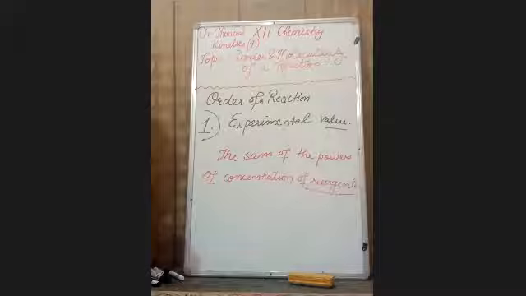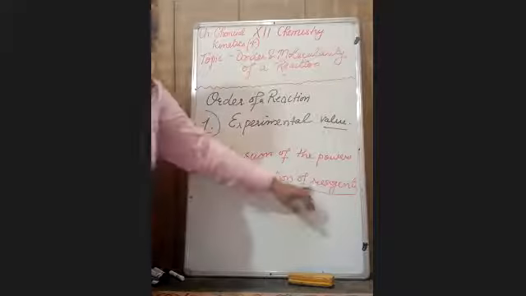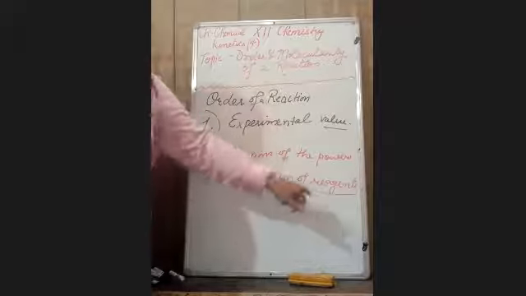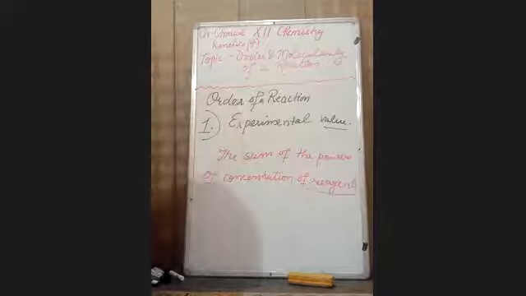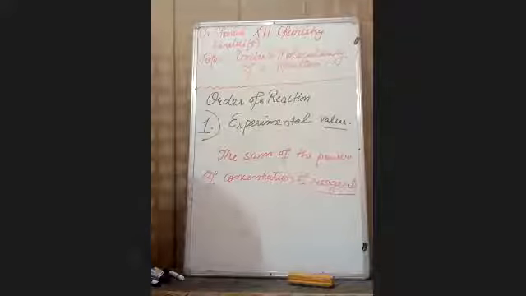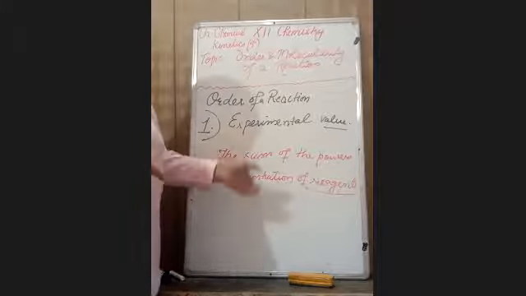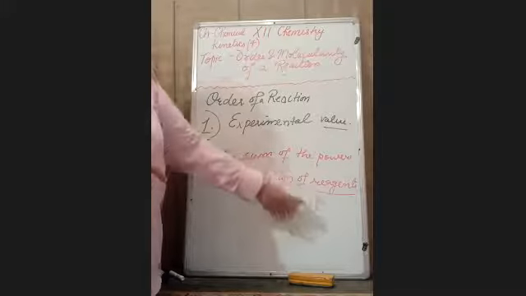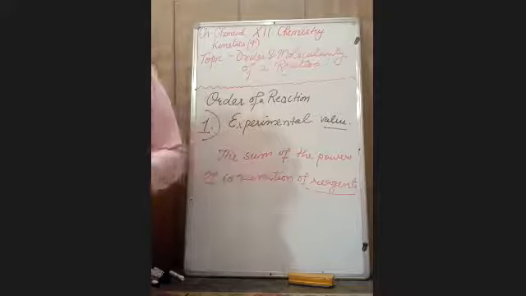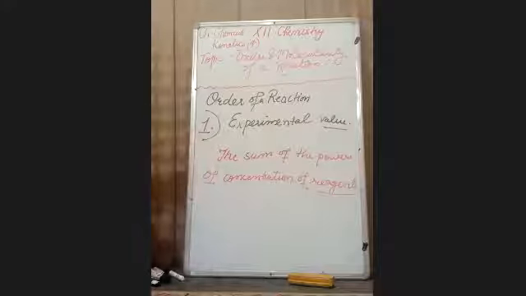Now always remember, it is reagents. Reagent means which includes both reactant as well as product. The sum of the powers of concentration of reagents present in the rate law expression.